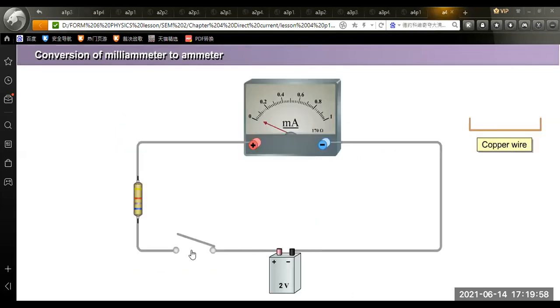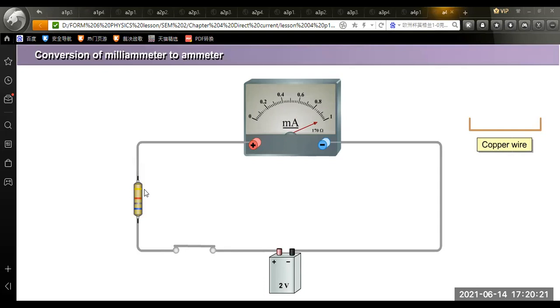With a wire connected to a resistor in series with the milliammeter, we notice that the maximum reading is shown. That means the current flowing through the circuit is out of range and not suitable to measure.